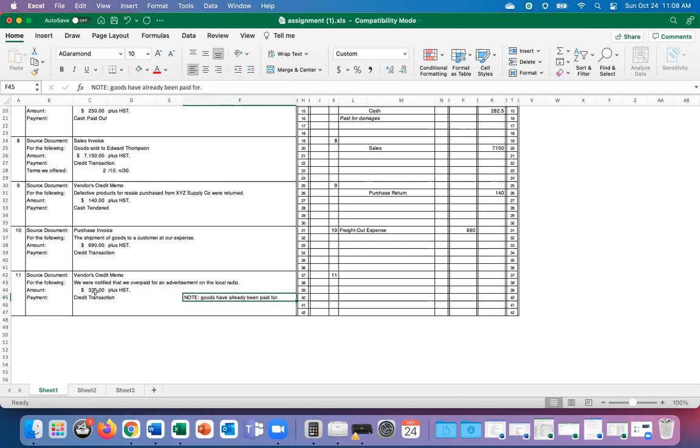You paid $320 too much plus HST. So we're going to return that to you. And they're going to be returning that to us in cash. So that's something to keep in mind here. Even though it says credit transaction, the goods have already been paid for. So we're actually going to get that money back in cash. It won't just be refunded or taken out of our accounts payable account.